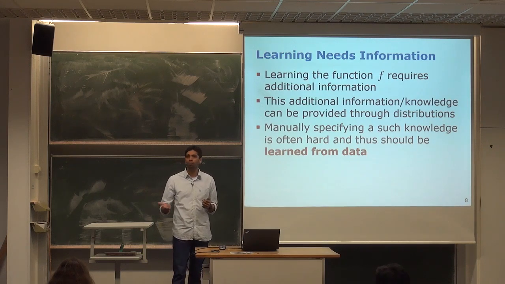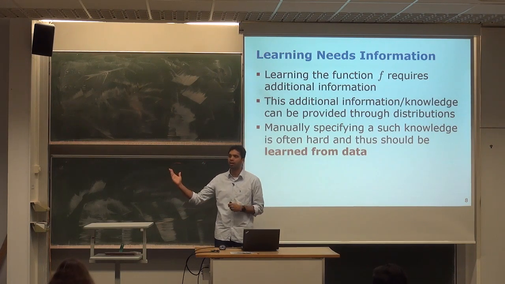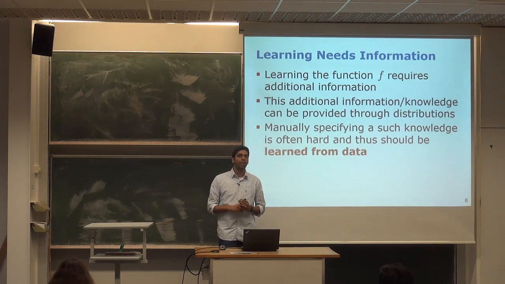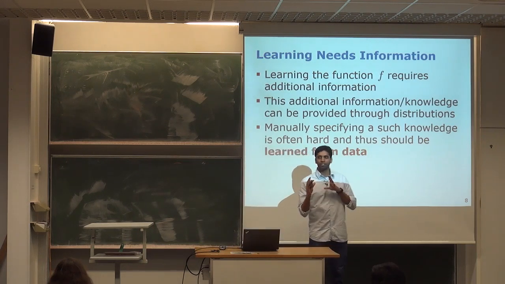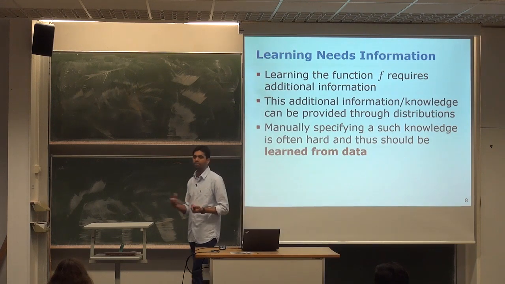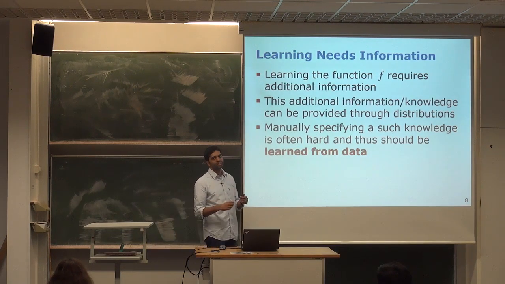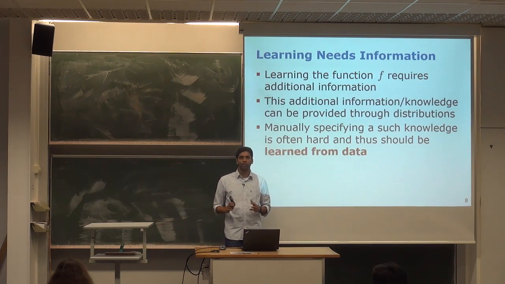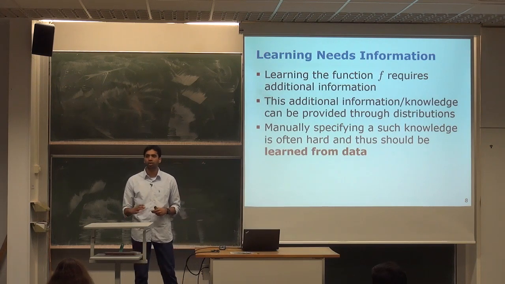So for more complicated scenarios, like for example, you want to detect all kinds of cars when you go outside, there are, I don't know, thousands of models of cars. Although all of them have some things in common, they're all unique by themselves. They have some color, they have different heights, they have different shapes, and so on. So it would be almost impossible to cover all of these cases by specifying rules.